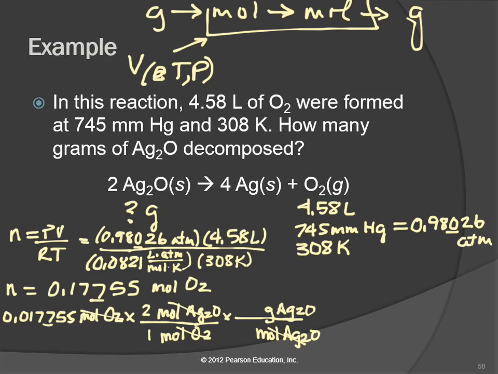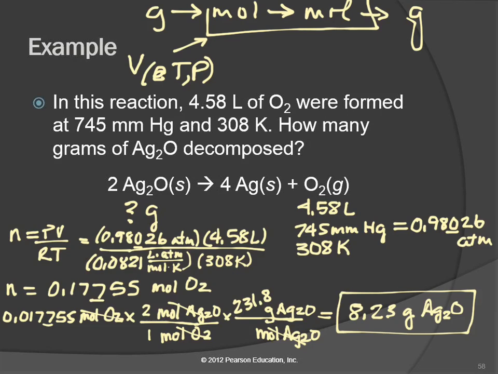So silver is 107.9 times 2 plus the mass of oxygen, which is 16. That's 231.8. So 0.017755 times 2 times 231.8, and that gives me 8.23 grams of silver oxide. I rounded that to 3 significant figures because this one had 3 sigfigs.